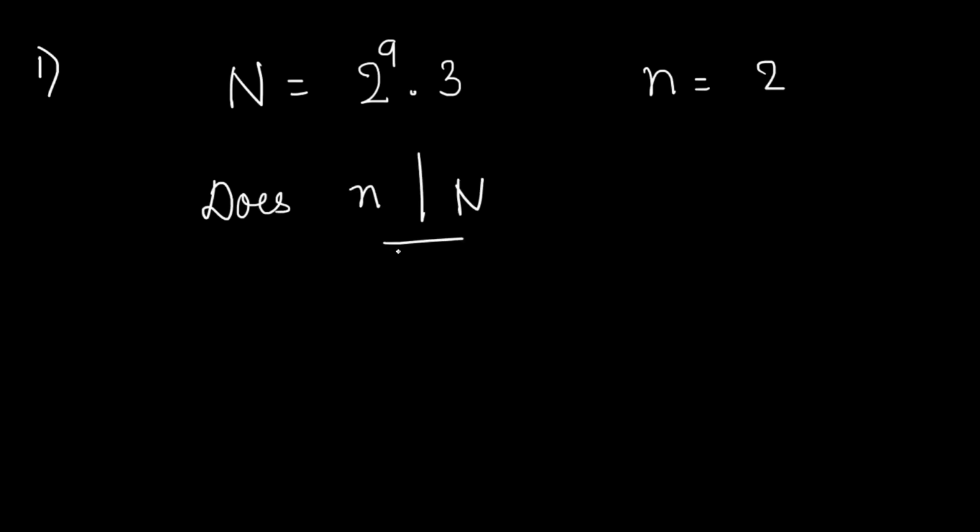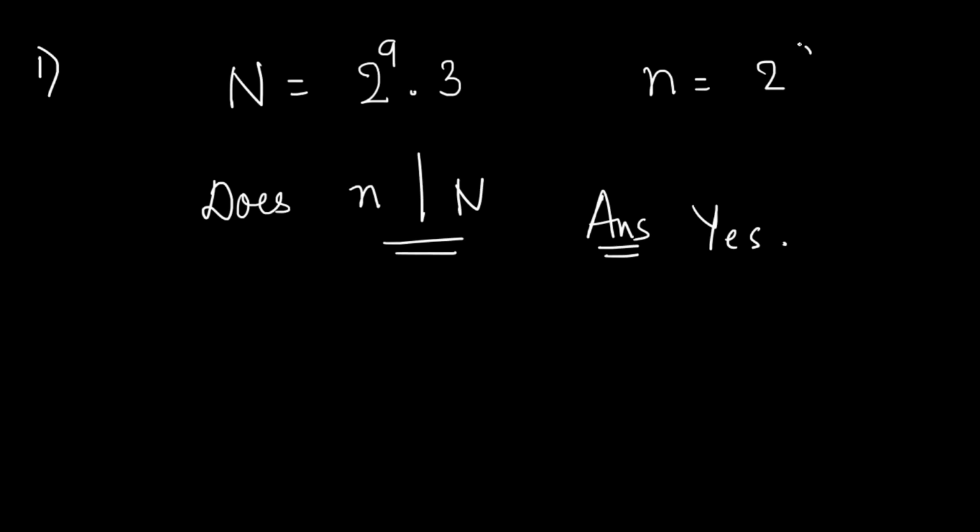So I'm using the standard symbol to ask whether the big number N is divisible by the small number n. In this case the answer for this question is yes, and the reasoning goes like this.